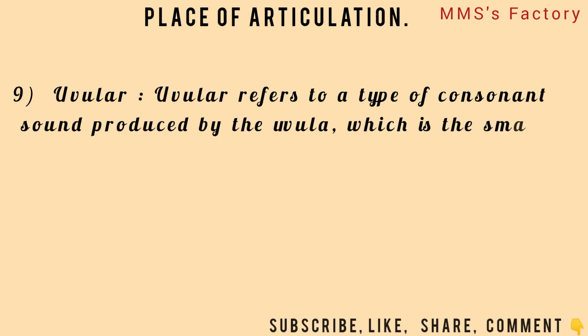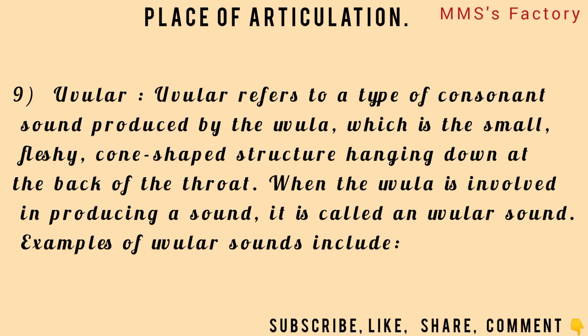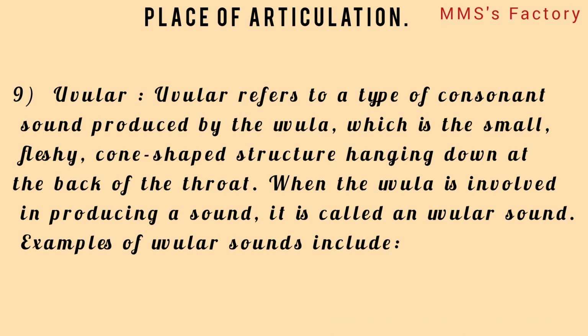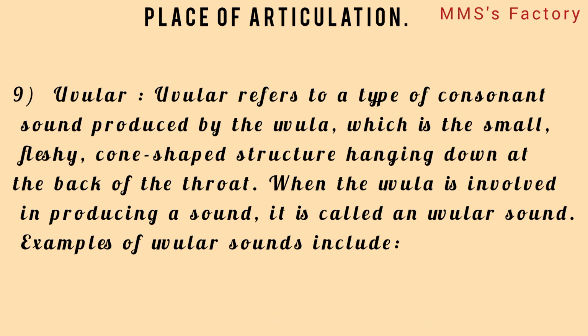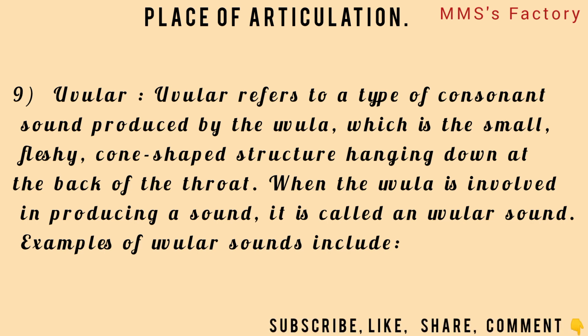9. Uvular. Uvular refers to a type of consonant sound produced by the uvula, which is the small, fleshy, cone-shaped structure hanging down at the back of the throat. When the uvula is involved in producing a sound, it is called an uvular sound.